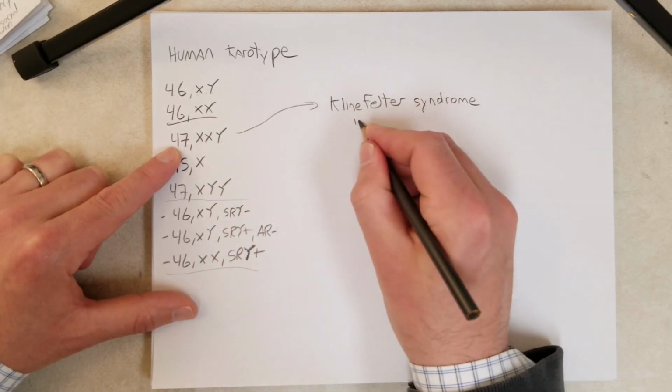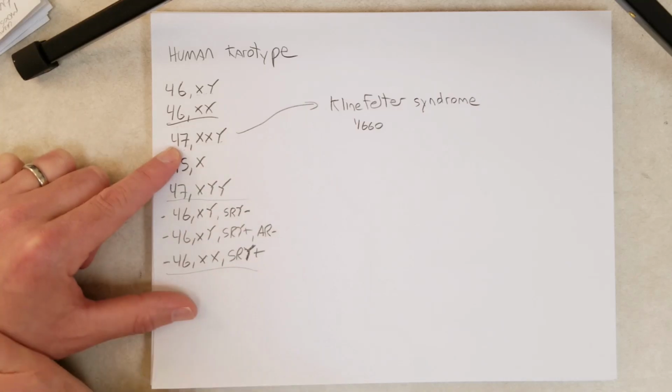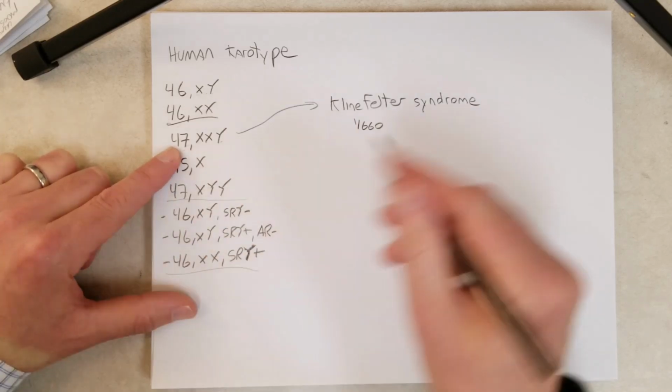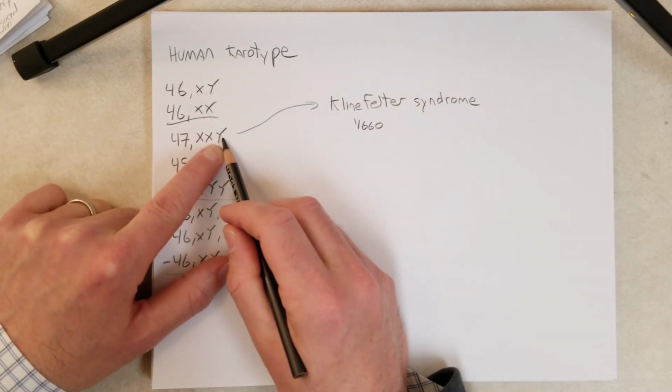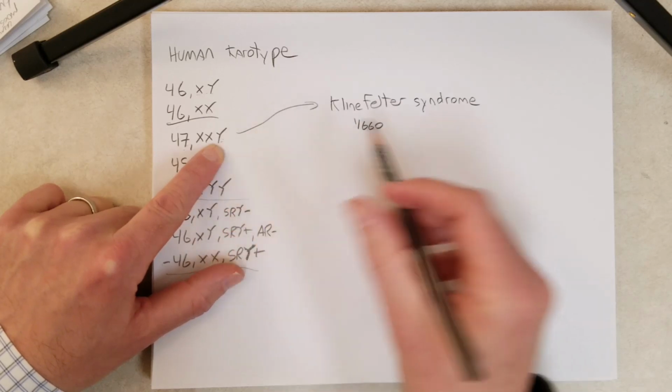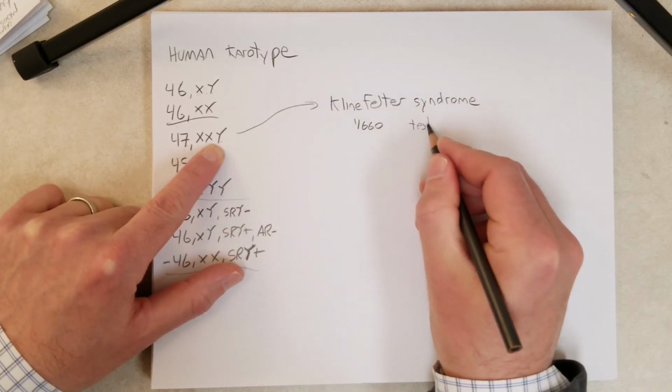So current estimates are 1 out of 660 humans have Klinefelter syndrome. And in these individuals, because there's a Y chromosome, we can predict the SRY gene is going to be present. So yeah, okay, so testes develop.